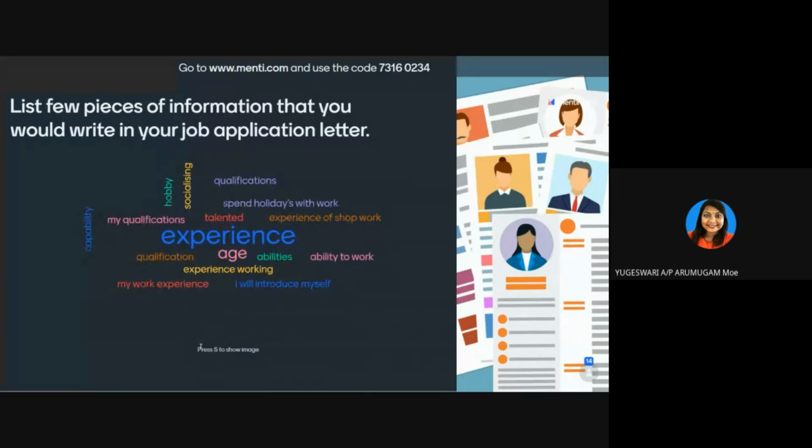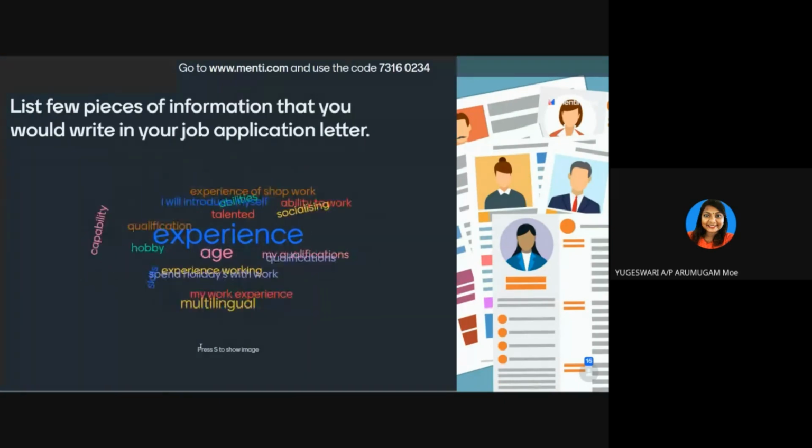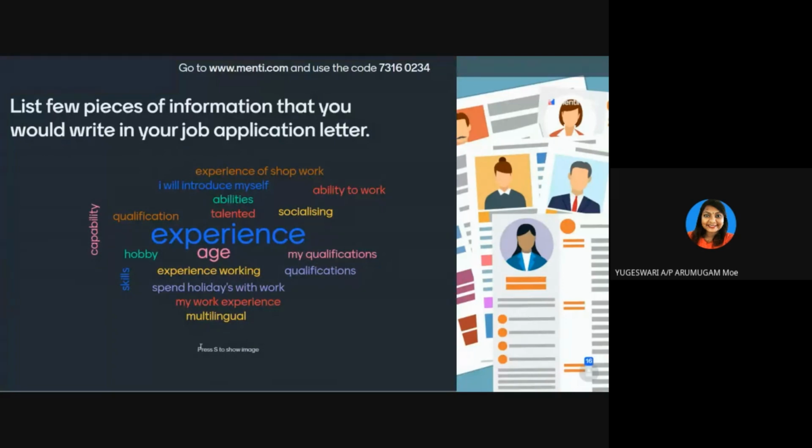Hobby, socializing, which is good. Yes, you need to socialize. I'm still waiting for your response because it's interesting to see your participation. Multilingual, yes, that's very important. You must be able to speak a few languages, especially if you work with people not only from Malaysia but from other countries, for example, those who don't understand BM.